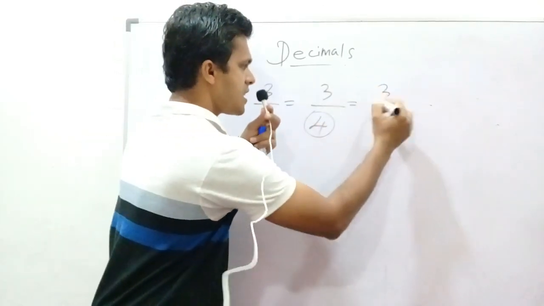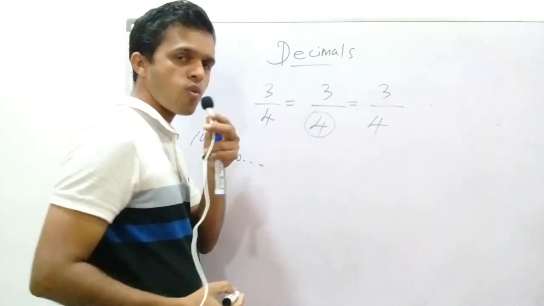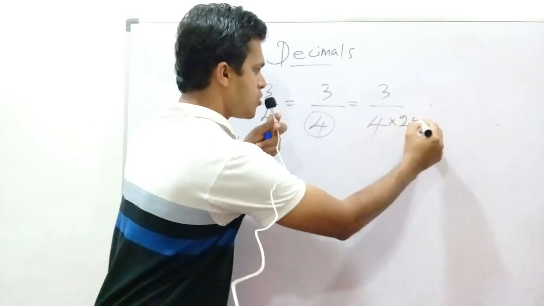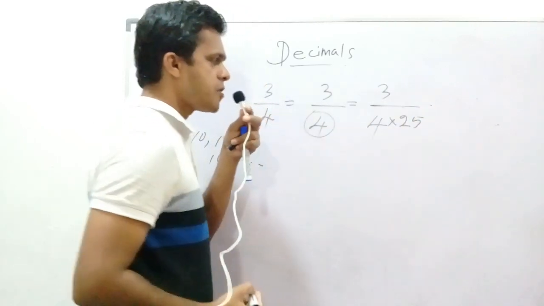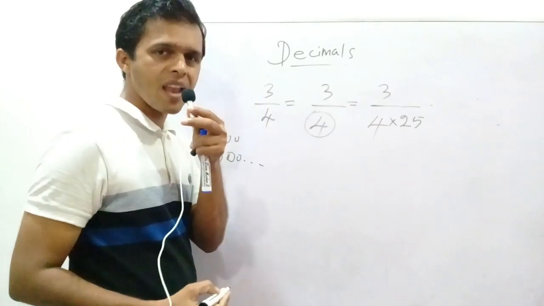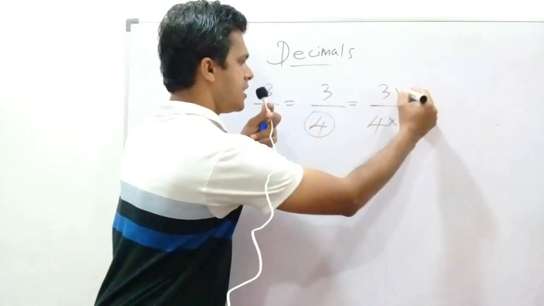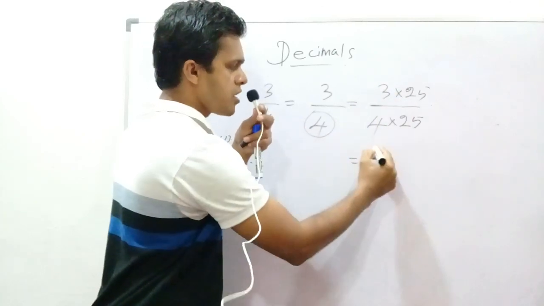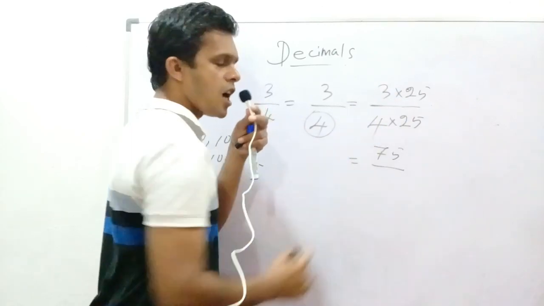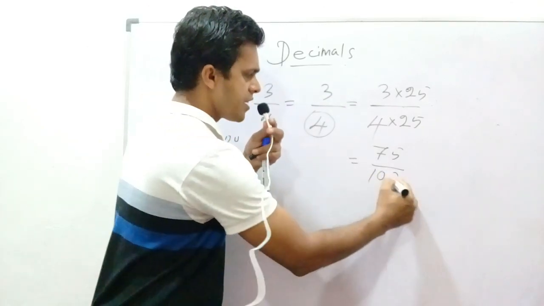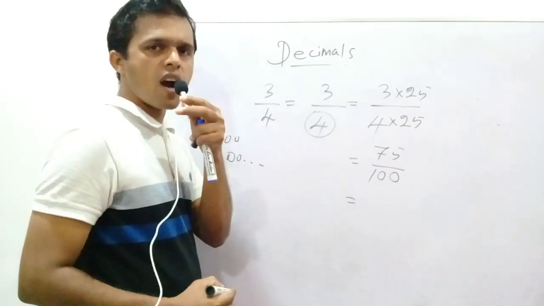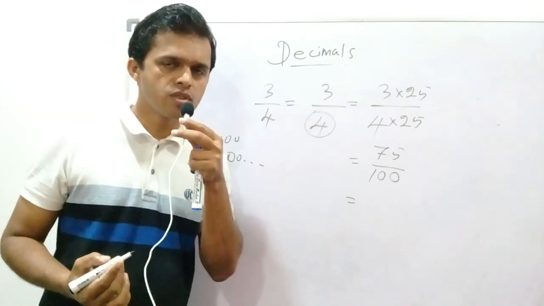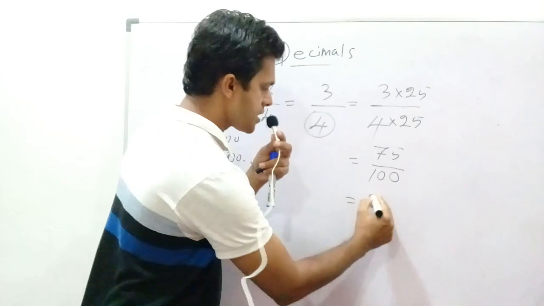Then, from the digit 4, you can obtain 100. To obtain 100, the digit 4 is multiplied by 25. The numerator is also multiplied by 25. So 3 times 25, 75, 4 times 25, 100. So 75 over 100 equals 0.75.